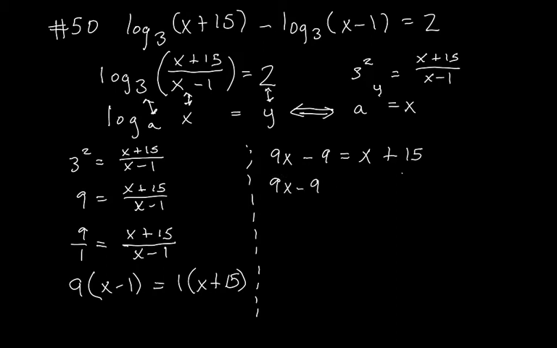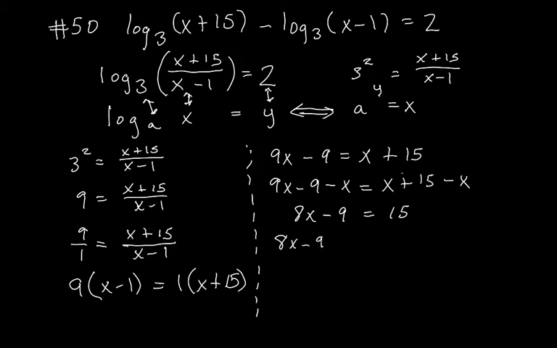So if we subtract an x from both sides, 9x minus x is 8x. X minus x is 0, leaving a 15. Then we want to get the not x's, or get x by itself, maybe is a better way to say it.